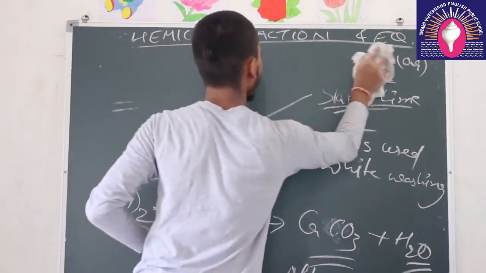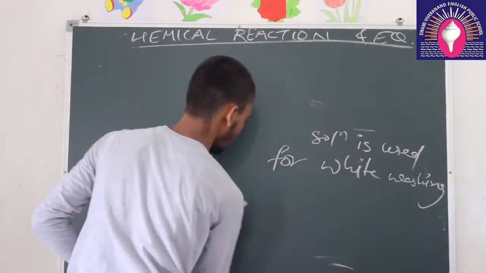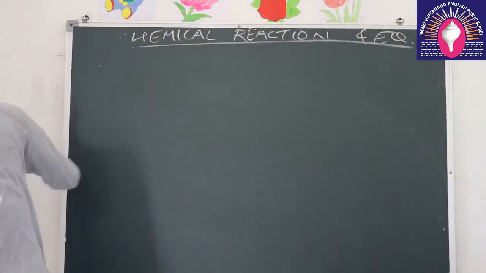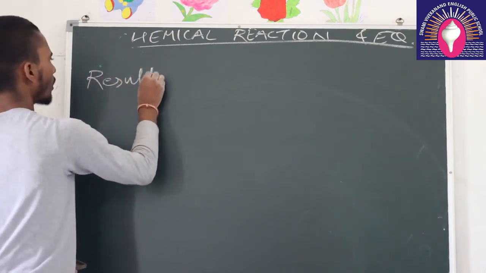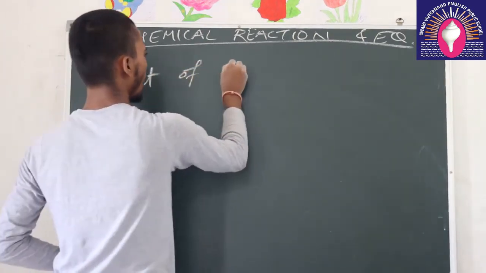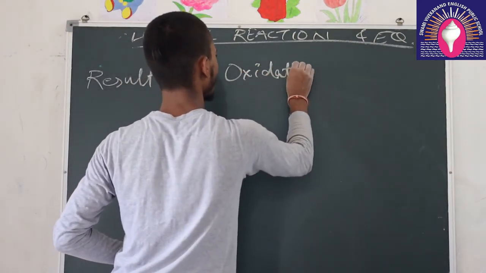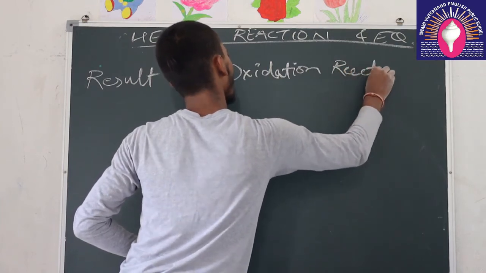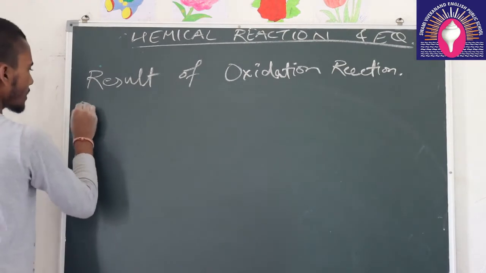Now we are going to study the last topic of chemical reactions and equations. The last topic is results of oxidation reaction. The first is corrosion.